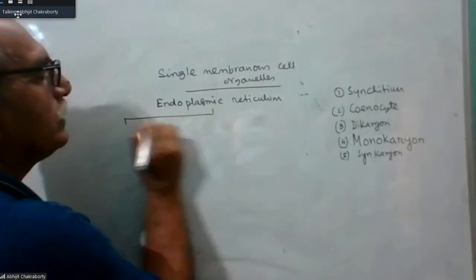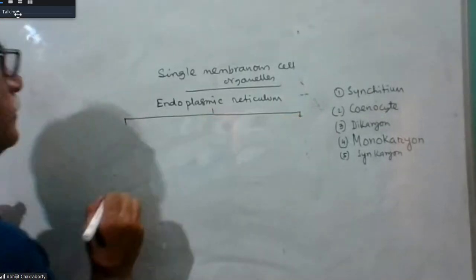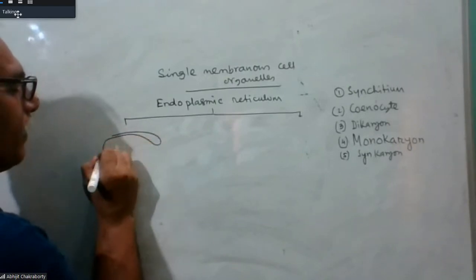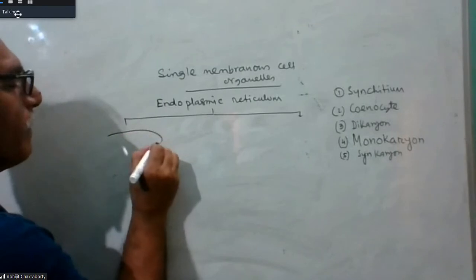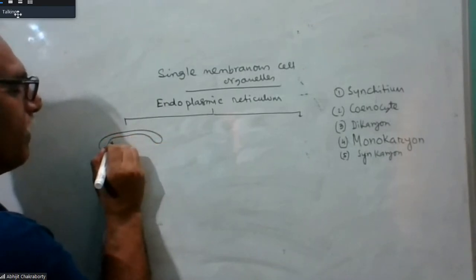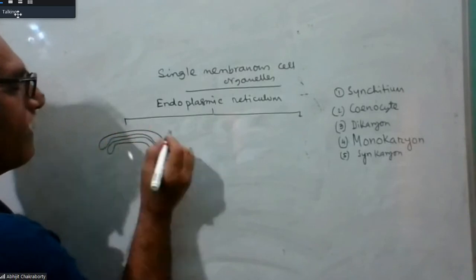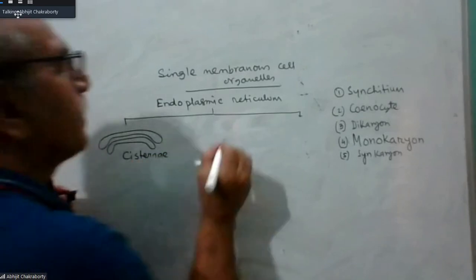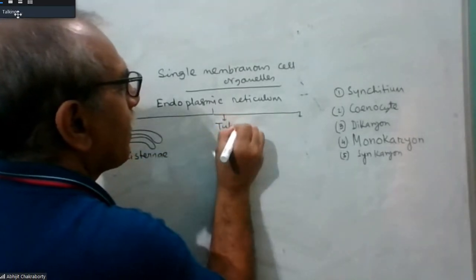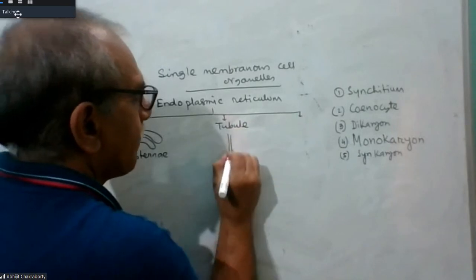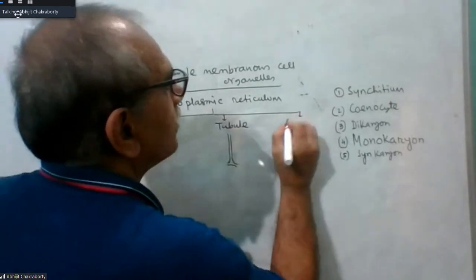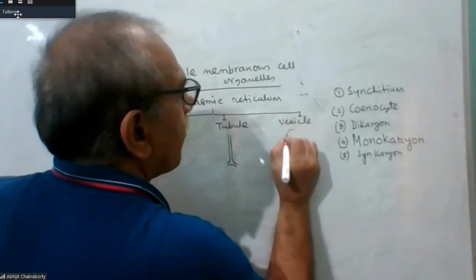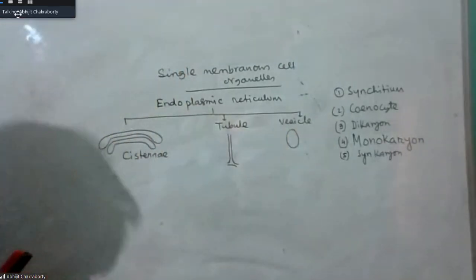It is found to appear in 3 forms: cisternae, tubule, vesicle.